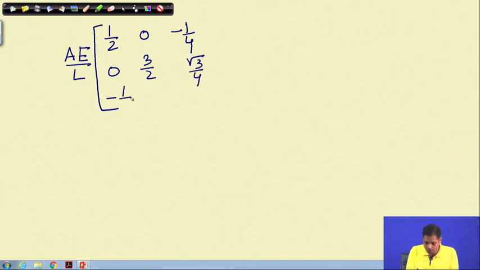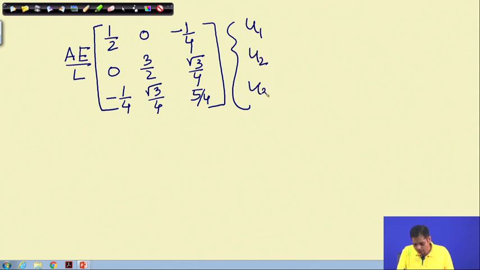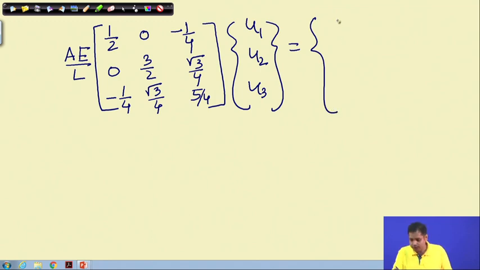This is minus 1 by 4, root 3 by 4 and then 5 by 4. This is the first part of the stiffness matrix, and then this into U1, U2, U3, that is equal to 0, minus f and then 0.